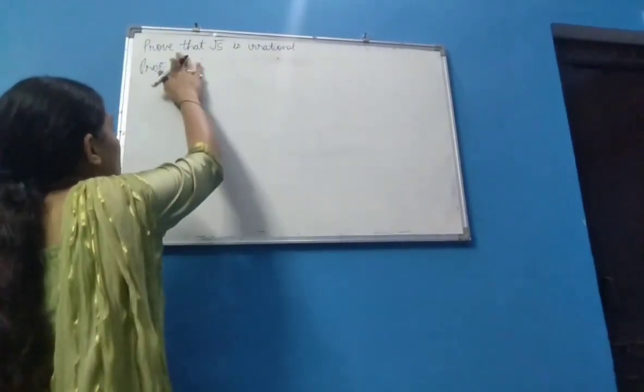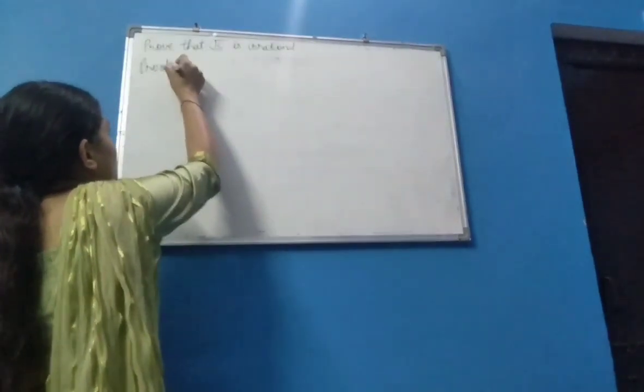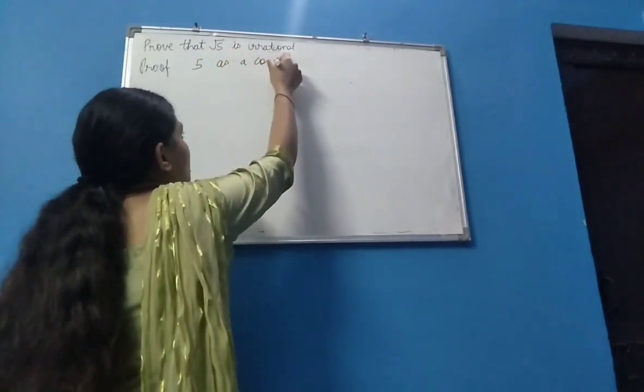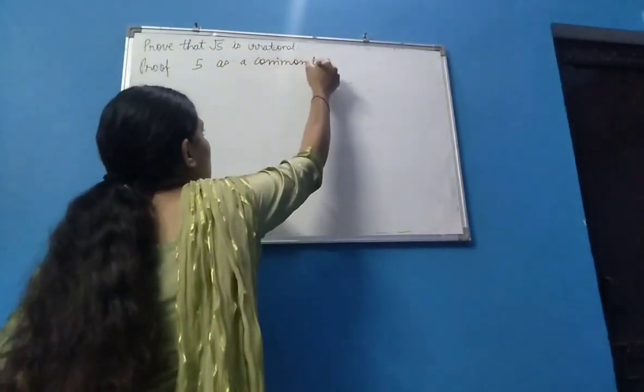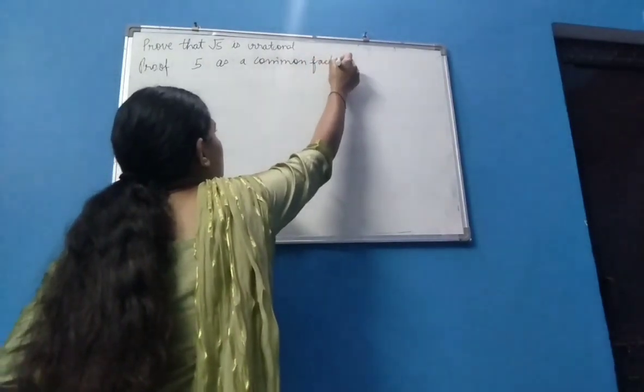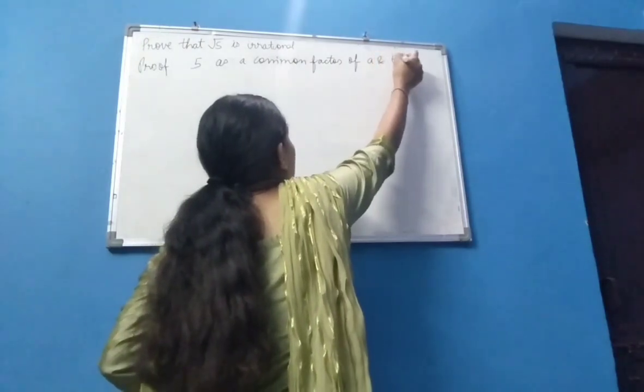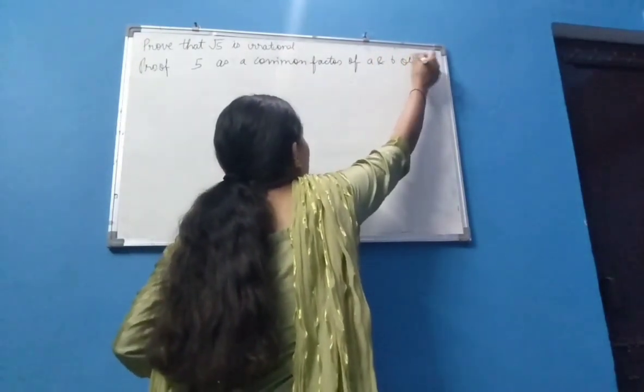So we get 5 as a common factor of A and B other than 1.